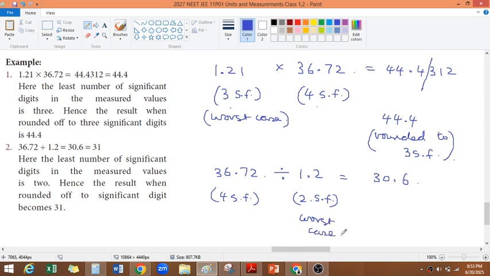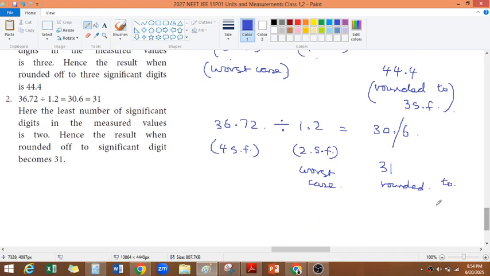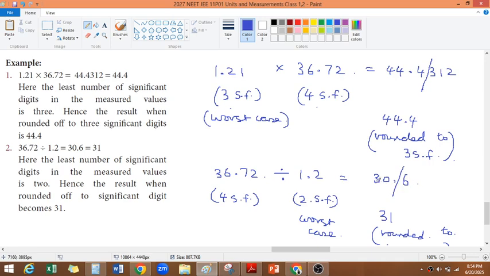So my result should also have only 2 significant figures. To get 2 significant figures, I have to round it off here. So 6 is greater than 5, so this will become 31. Any doubt? Some people may have doubts here, but you should understand that only when you round this off will it become 2 significant figures. So you have to slash it here and say I am going to see that 6 is greater than 5. So we add here.